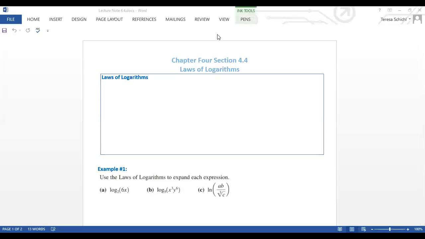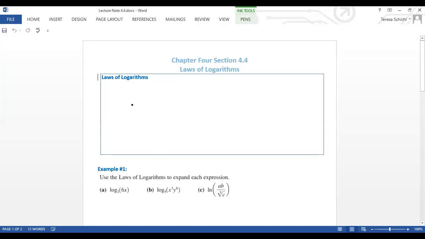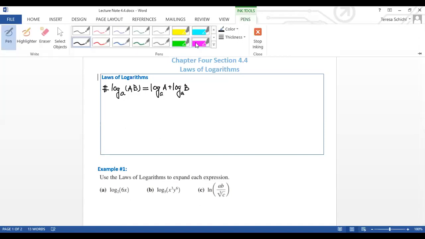Okay, so the first thing we're going to talk about is the laws of the logarithm. We really have three laws. The first law is: if you have a log with base a of A times B, you can break it into log base a of A plus log base a of B. We need to be very careful here.